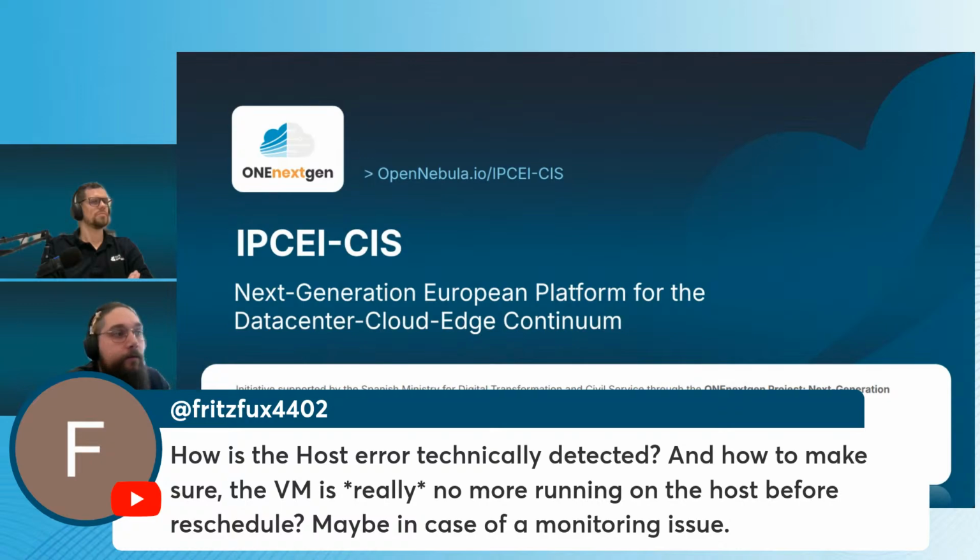Kernel panic or any reason why the host is not sending its current status. At this point, we will trigger the script which is going to, within OpenNebula, reschedule this VM to another host. So the VM will be instantiated in another host using the same storage that we had from before, right?